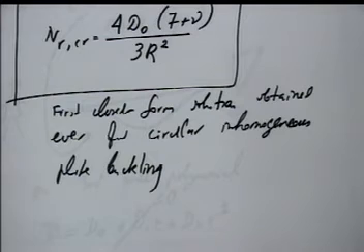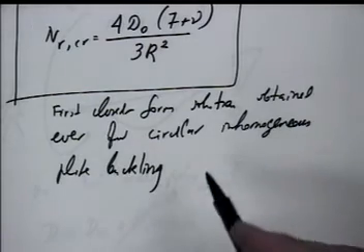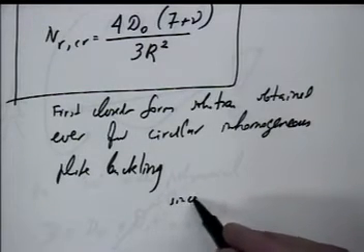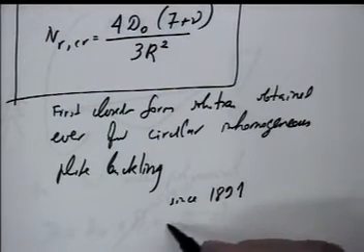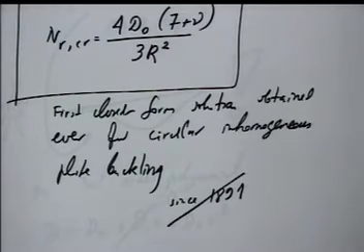If you remember, Bryan did not obtain a closed form solution. He obtained transcendental equations that should be solved, etc. I could have said since 1891, but that would not be correct, because also in 1891 he did not obtain the closed form solution.